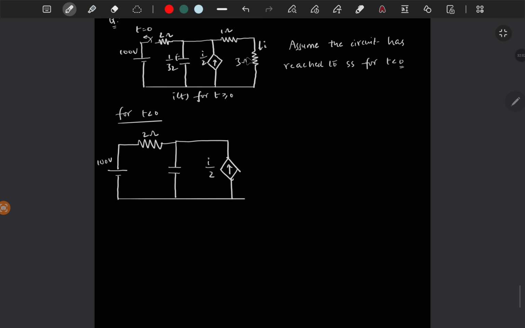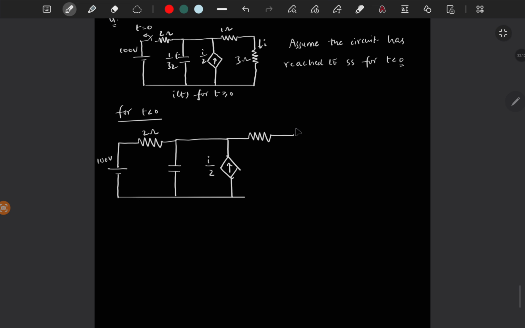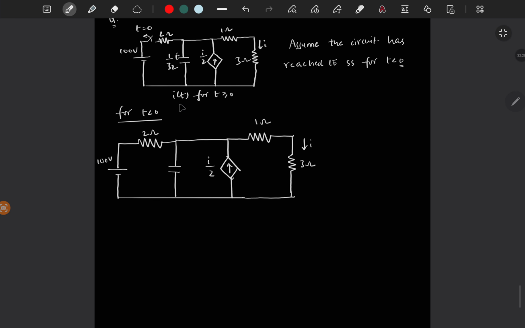It can be the voltage across this 3 ohm resistor also. So the dependent source value can be either voltage or current, but whether the source is a current source or voltage source depends upon this symbol. So this is for t less than 0.